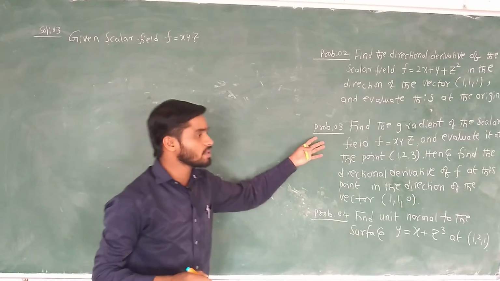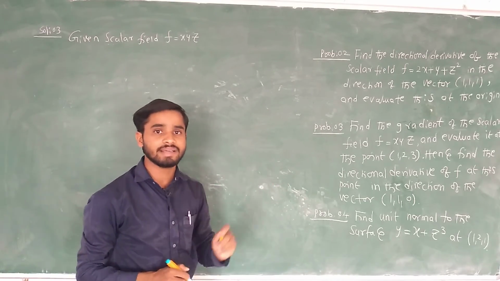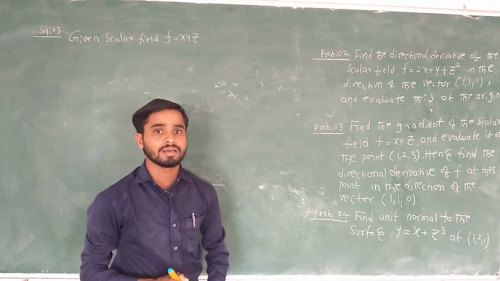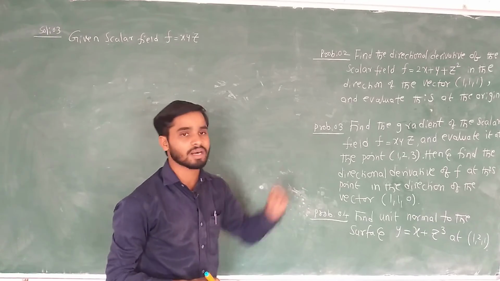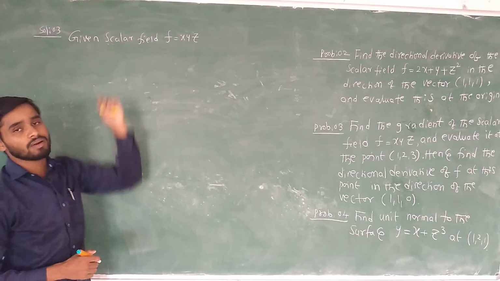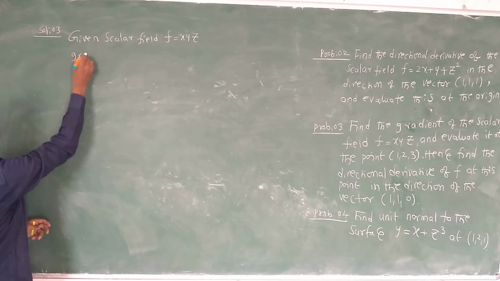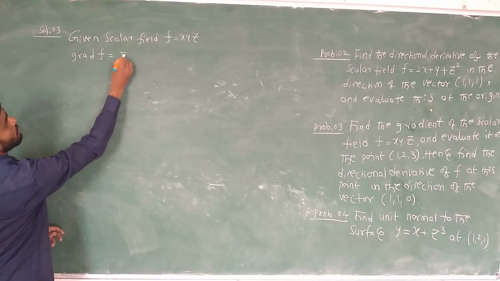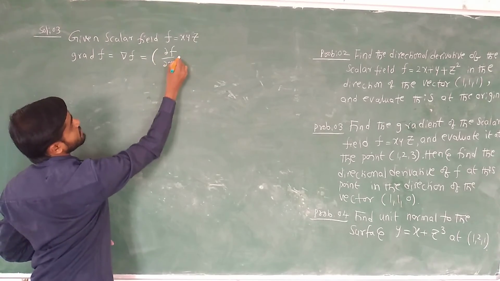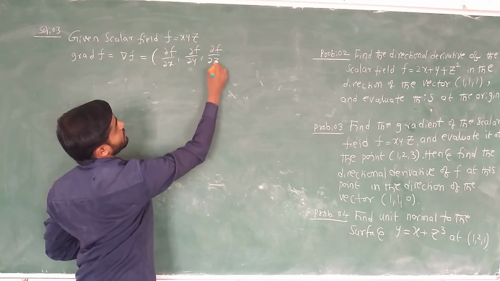This problem number 3 is divided into two parts. The first part is to compute the gradient of f, and in the second part we need to compute the directional derivative of the scalar field at the point (1, 2, 3). For the first part, the given scalar field is f = x y z. To compute the gradient, grad f is del f = (dou f by dou x, dou f by dou y, dou f by dou z).